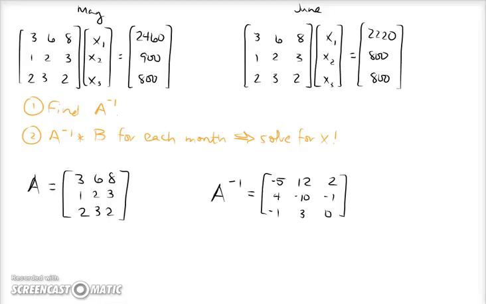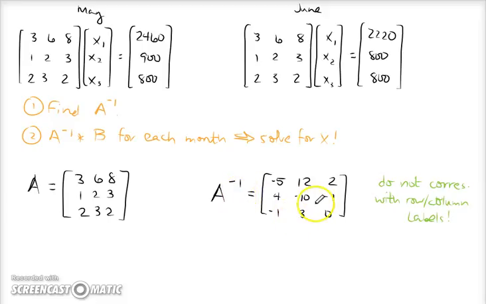Something to keep in mind, this is very important, I don't want you to miss this, is that the values that are here in the inverse matrix do not correspond with the row or column labels that you had for matrix A. So I don't want you to think, okay, wait, these numbers are negative and they don't make any sense, I need negative 5 grams of gold to make a ring and 12 grams of gold to make a pendant. No, that's not how this inverse matrix works, okay?